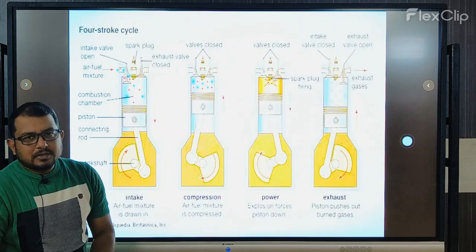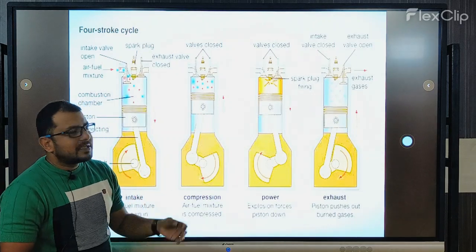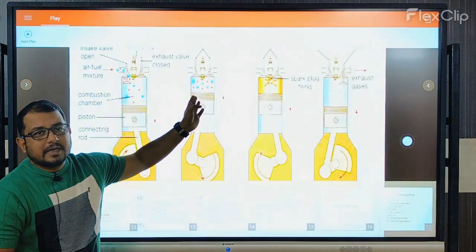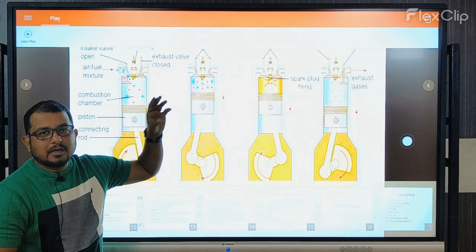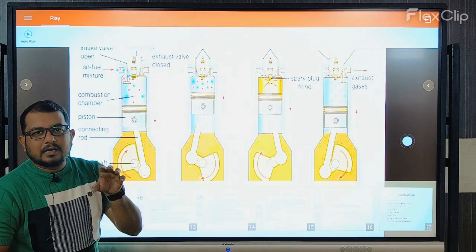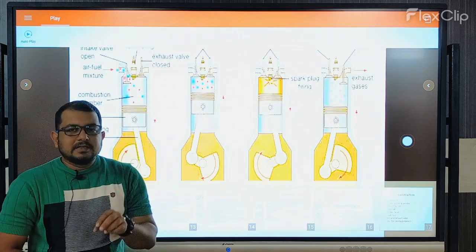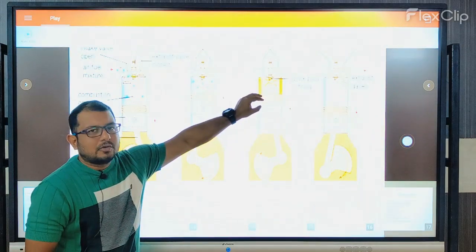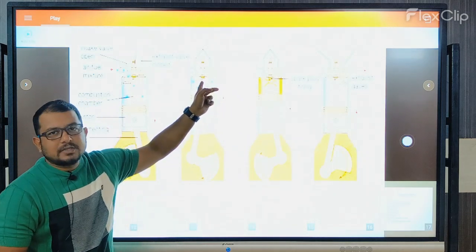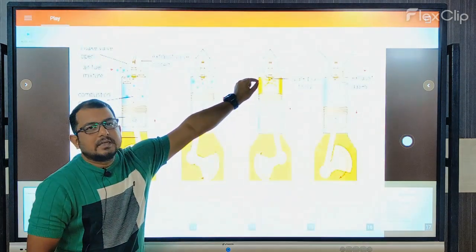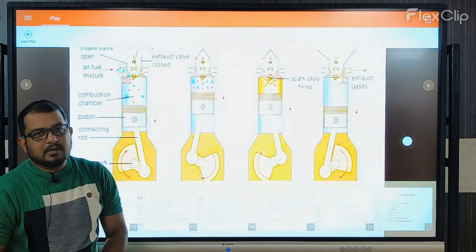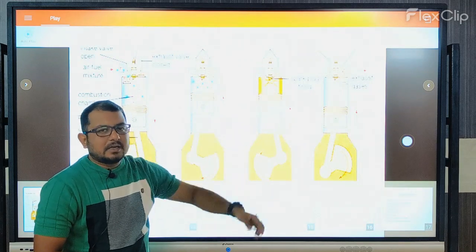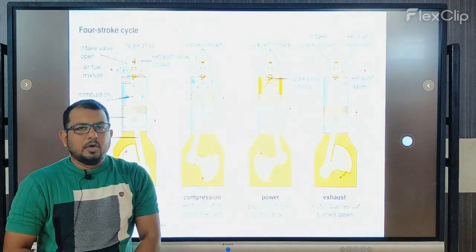The third stroke is the important major stroke. It is the expansion stroke. Once the air and oil gases are compressed in the second stroke, the temperature and pressure inside the cylinder increase. At the end of the second stroke, a spark is ignited through a spark plug, and with the increase in temperature and pressure, the spark gives a blow.